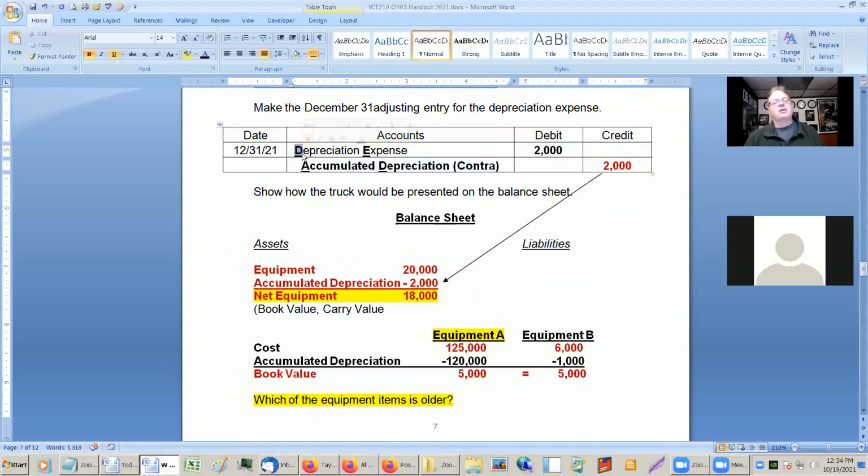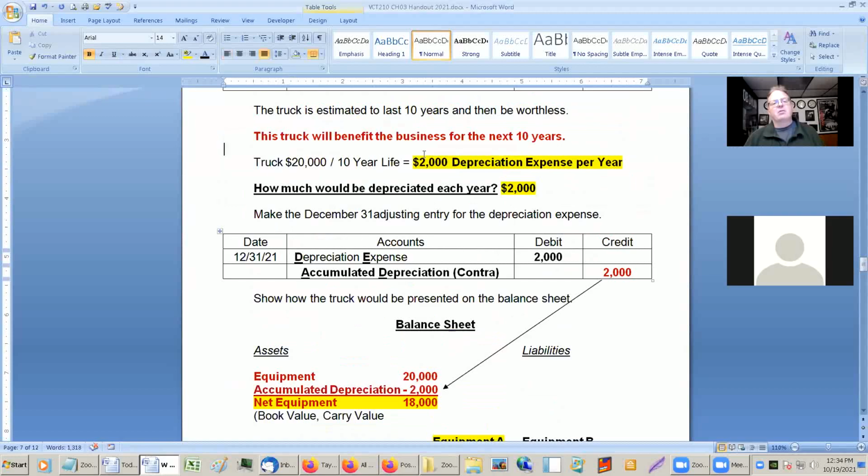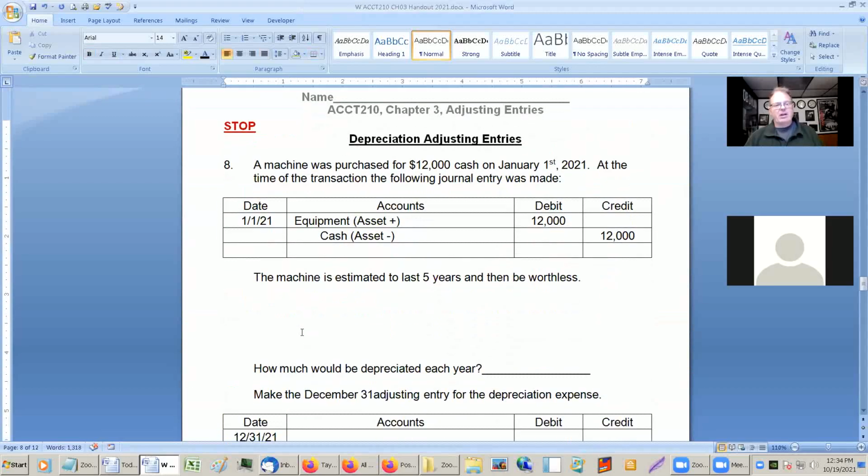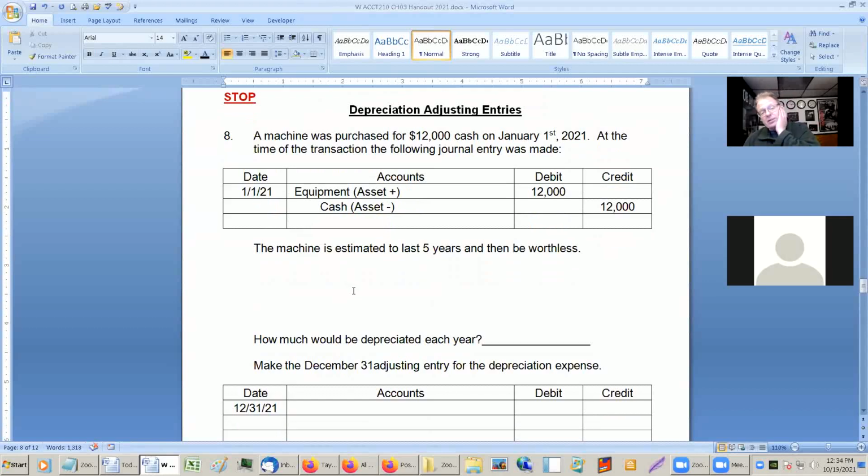Depreciation, the journal entry is always going to be the same, but the calculations are what we're more looking for here. So this is going to stretch for more than one period.